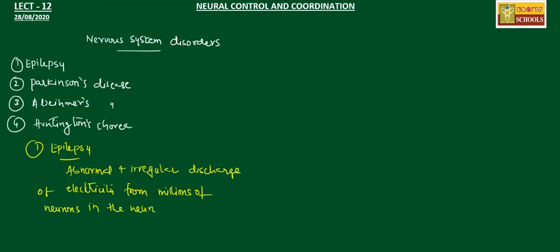So it's an abnormal, irregular discharge of electricity from millions of neurons in the brain.